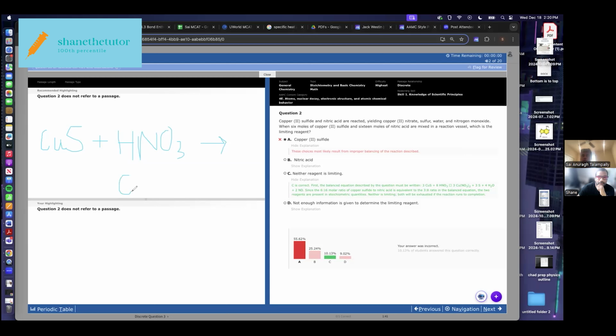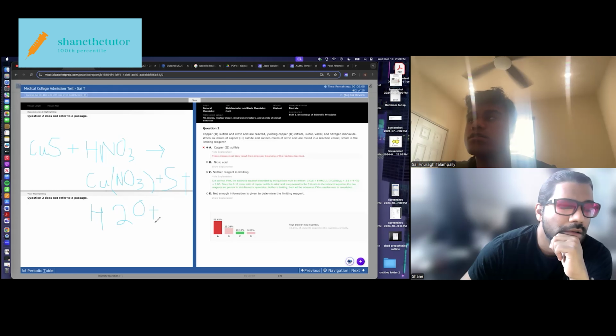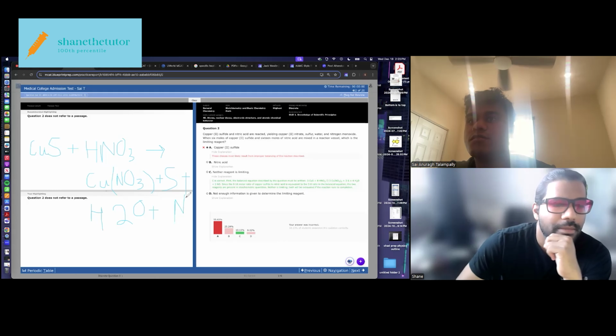So copper. It's NO3 minus, but copper should be 2 plus here because sulfide's 2 minus, so it should be Cu(NO3)2 plus sulfur plus water and then plus nitrogen monoxide.